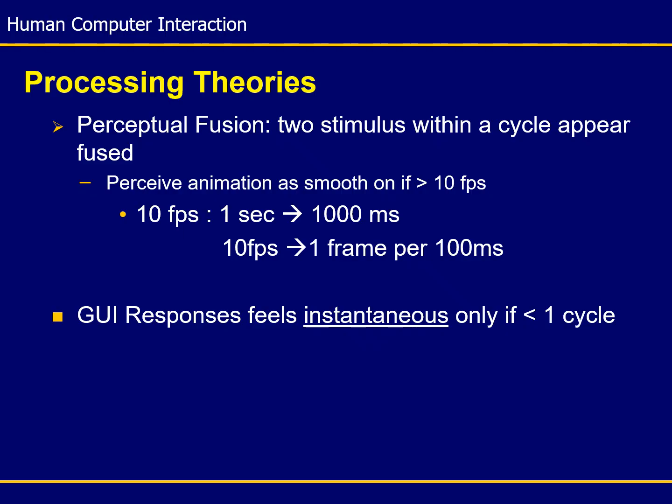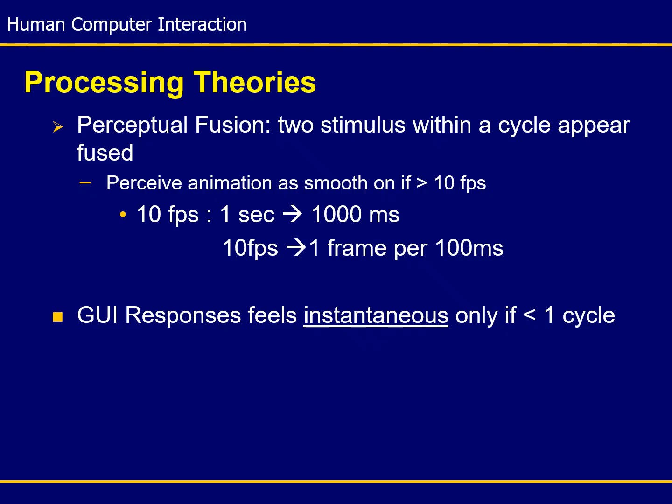Now, also a result of this theory is that if you present a result to the user in less than 100 milliseconds, so the user clicks OK, and the response comes back in less than 100 milliseconds, the user will think that no time has elapsed, because the user can only detect things happening after 100 milliseconds.